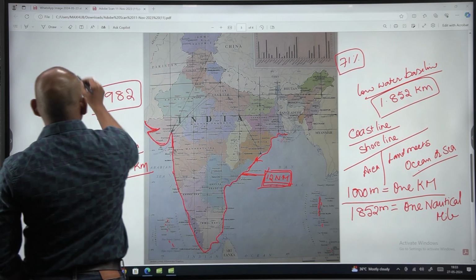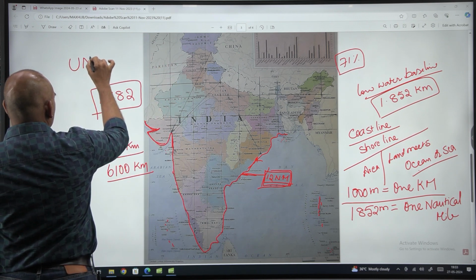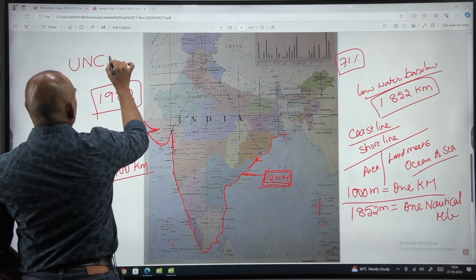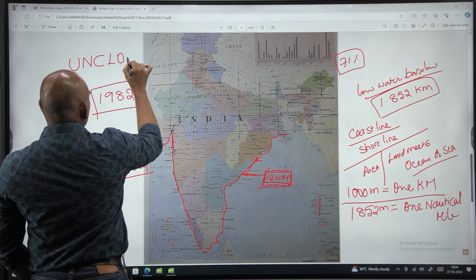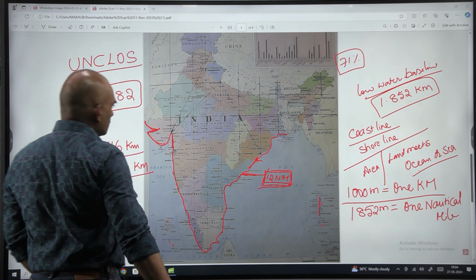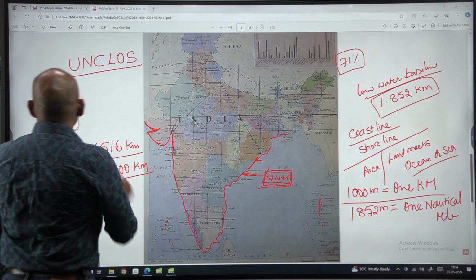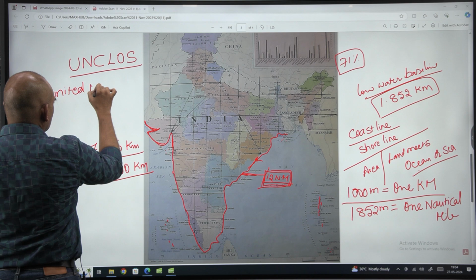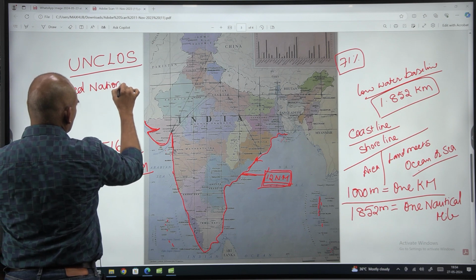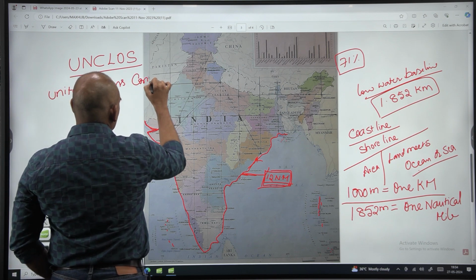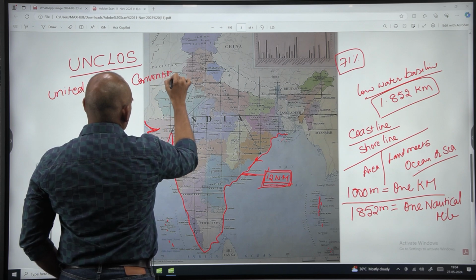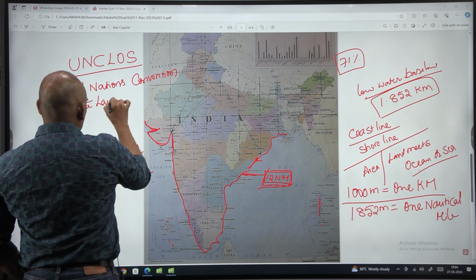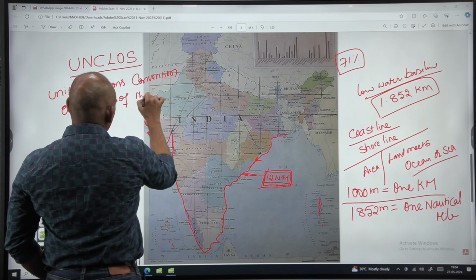That agreement is the United Nations Convention on the Law of the Sea.